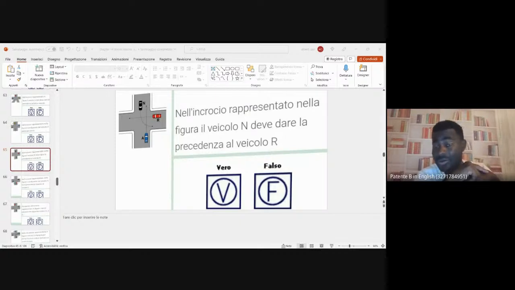And then R goes, A goes, and finally N will move last. And so, guys, know that N non deve dare precedenza al veicolo R. No. The answer to this question is false.